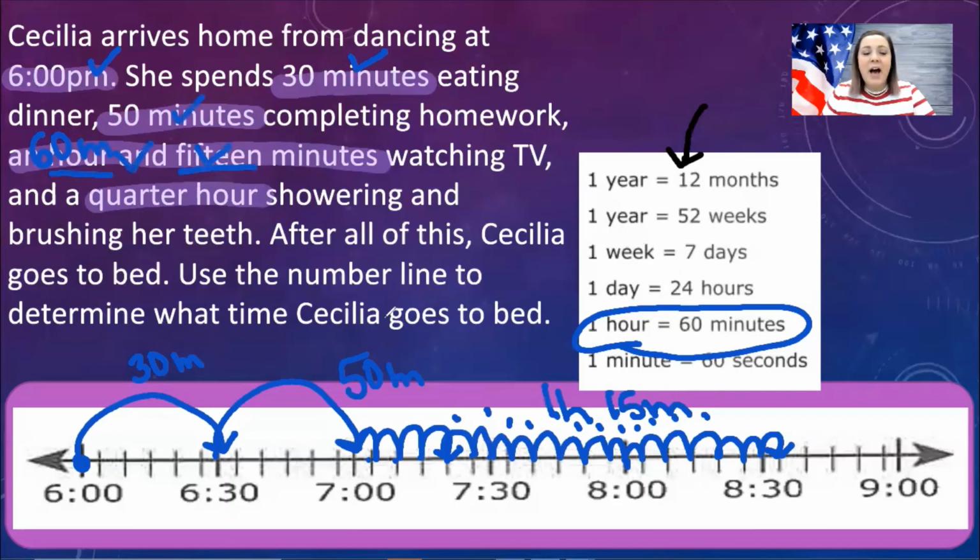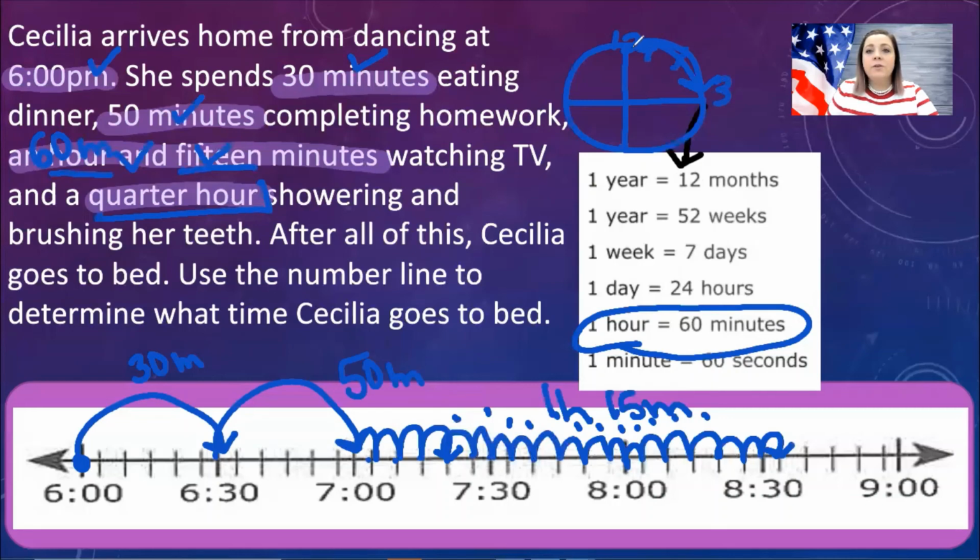Okay. Then we have one more piece right here, a quarter hour. Does anyone know what a quarter hour is? Well, let's look at a clock. Remember, quarters means 4. So if I divide this clock into 4 pieces, here is 12 o'clock. If I go 1 quarter, that gets me to the 3.